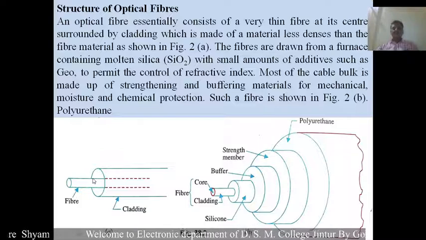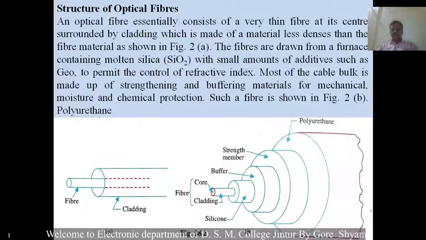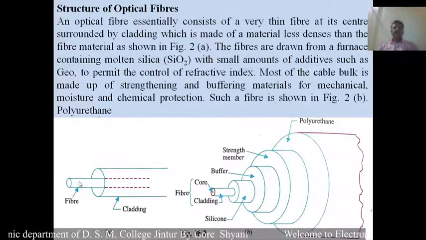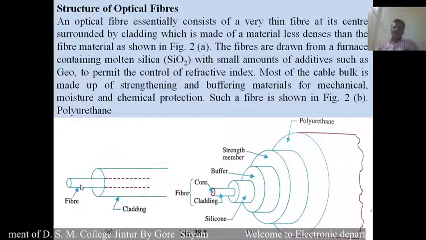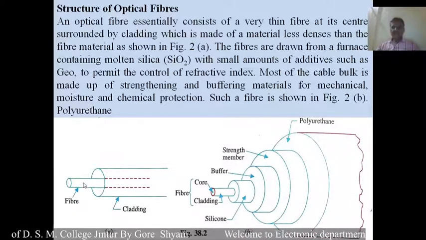The example of glass is silicon dioxide, and a small amount of additive is added with the silicon dioxide, and that additive is added for the control of the refractive index.